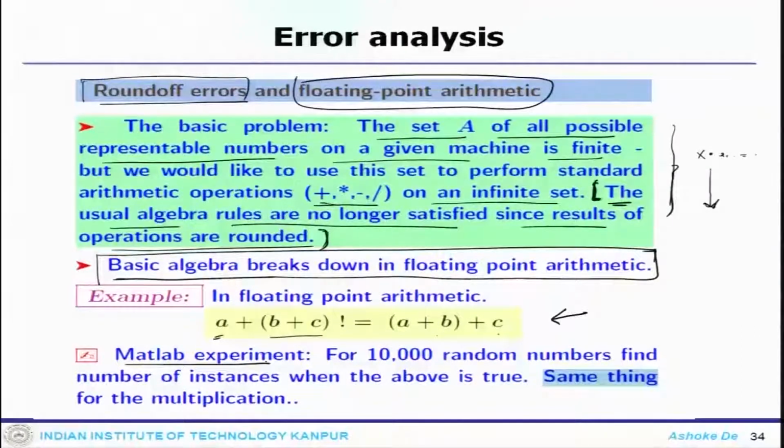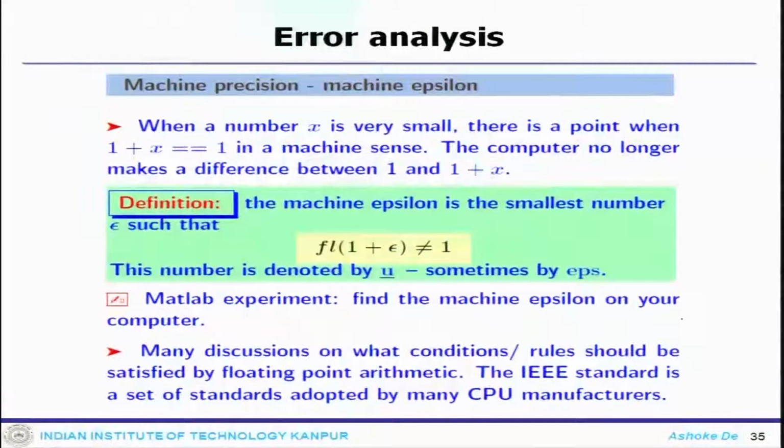These are some numbers: for 10,000 random numbers, find the number of instances when the above is true. One can carry out this exercise by himself and try to check this particular problem.